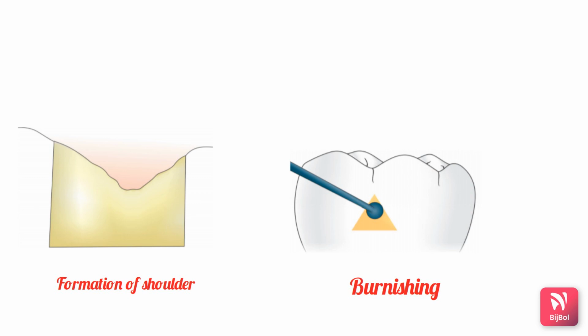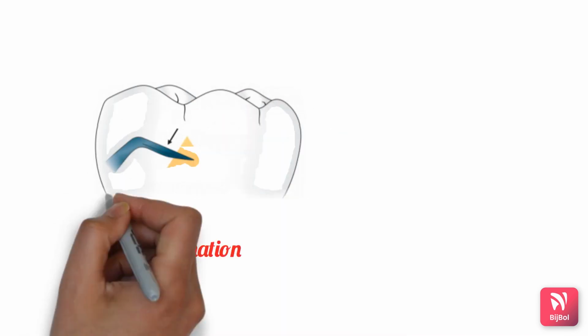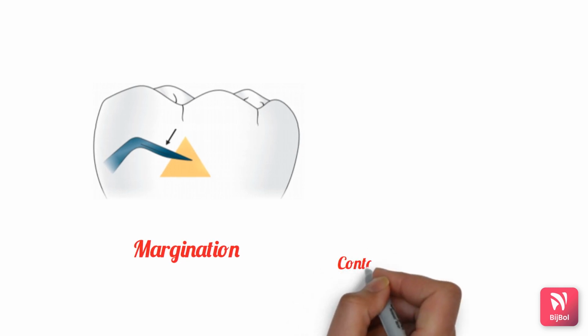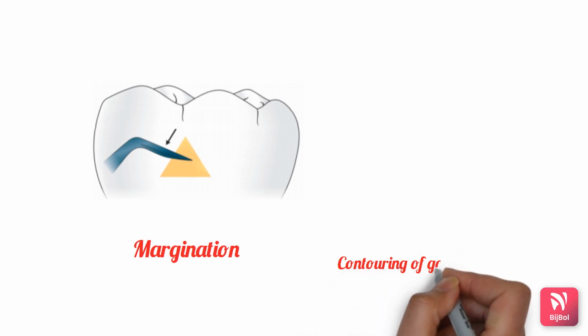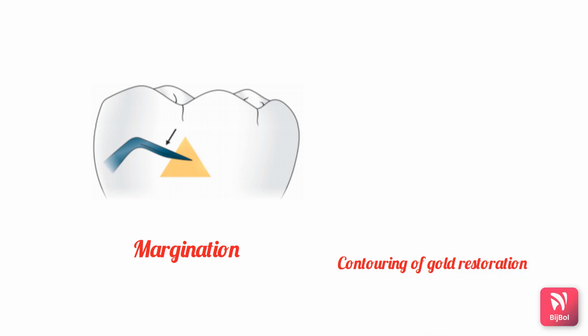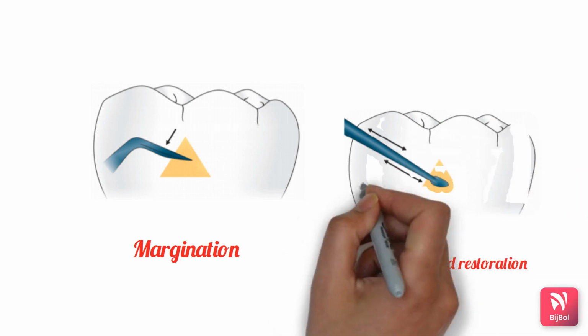Next is the step of margination. It uses sharp gold knives to remove the excess gold from the surface by moving from the gold surface to the tooth surface. And the contouring is done using knives, files, or finishing burrs to create proper occlusal anatomy, and the burnishing is done again after contouring.